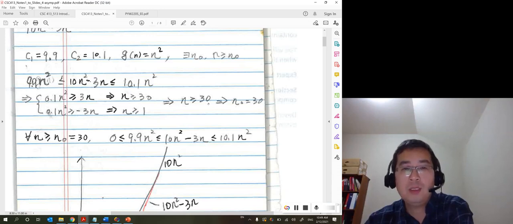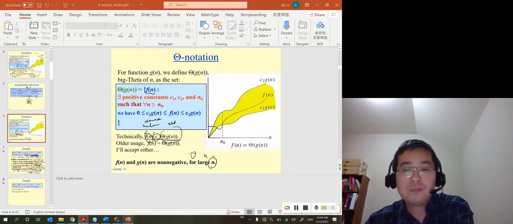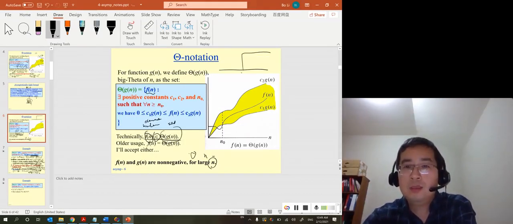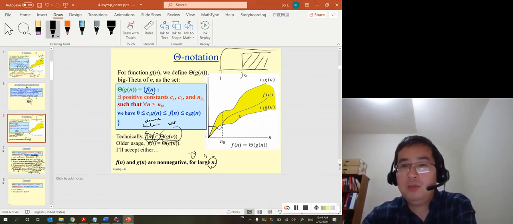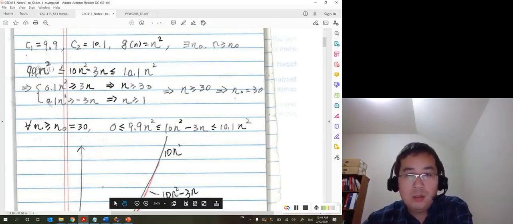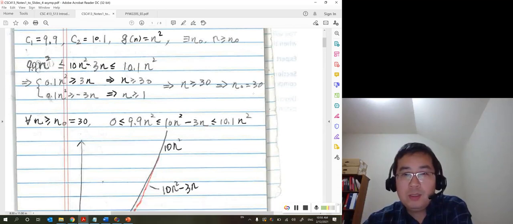You do the intersection for both. So like this, one is larger than 30, the other one is larger than 1. Okay, so the common solution is this one. So finally we find n0, we choose n0 to be 30. So we can write it out again.